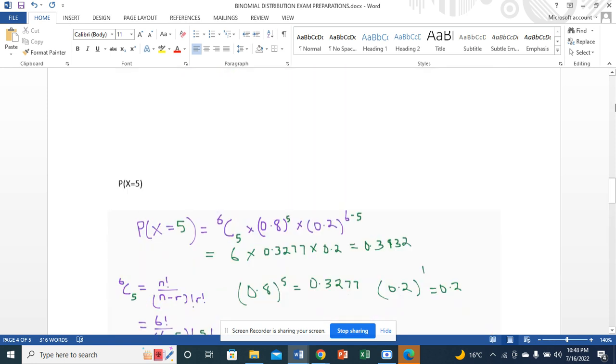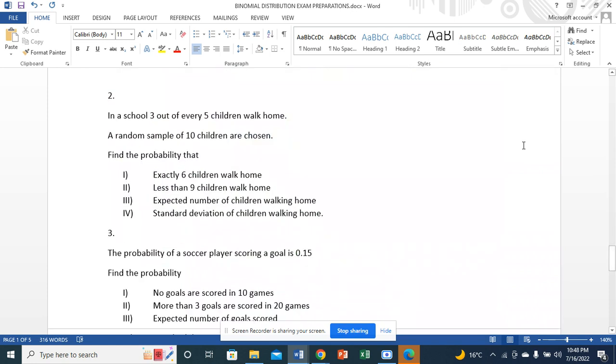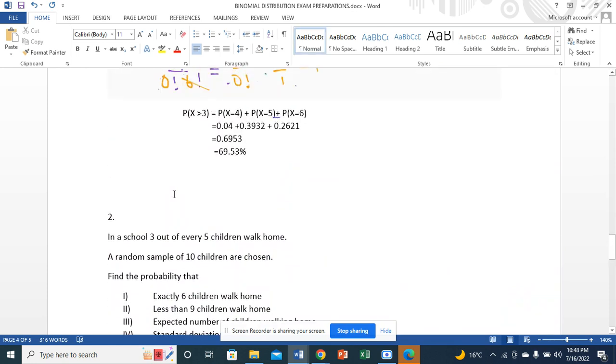All right. We've got part B. Find the expected number of effective strategies, which is the mean. Very easy to find the mean, the expected number of effective strategies, or the expected value, which we call the mean, is just equal to n, number of trials, times the probability.